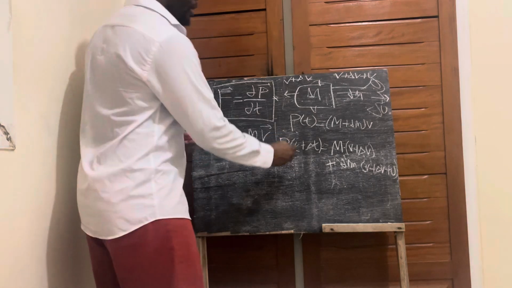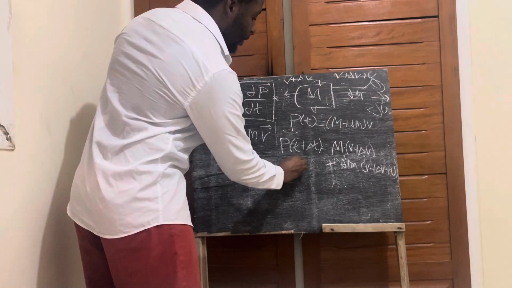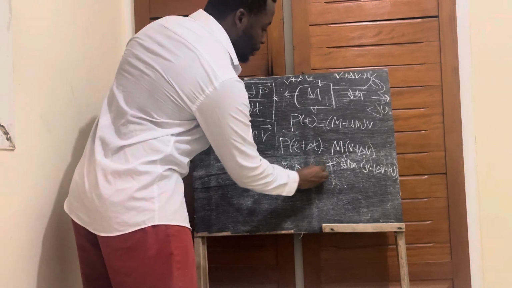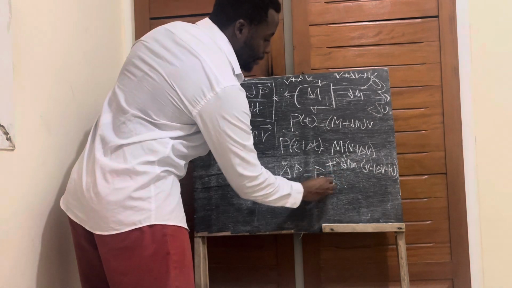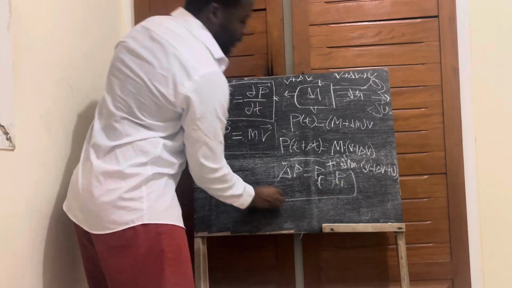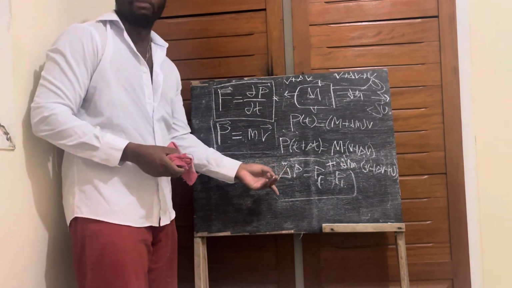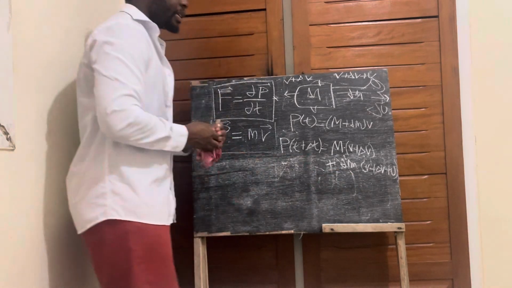What we're going to do is subtract these two values simply, so delta p, I might write, is equal to p final minus p initial.